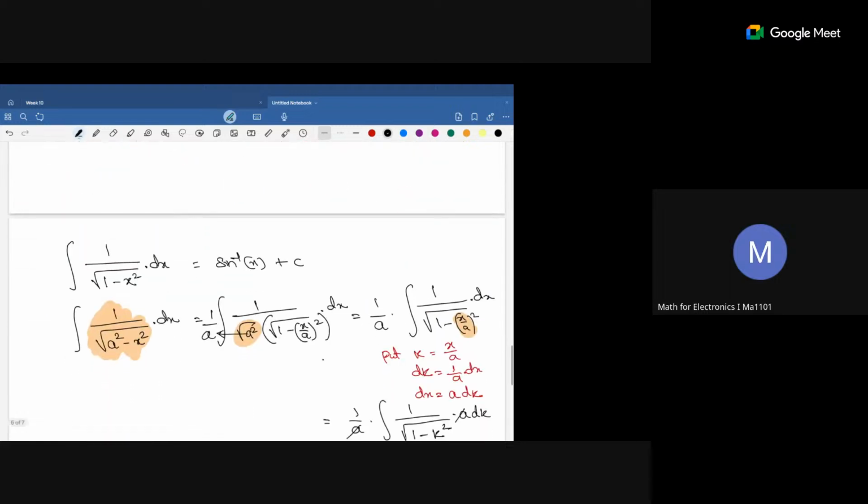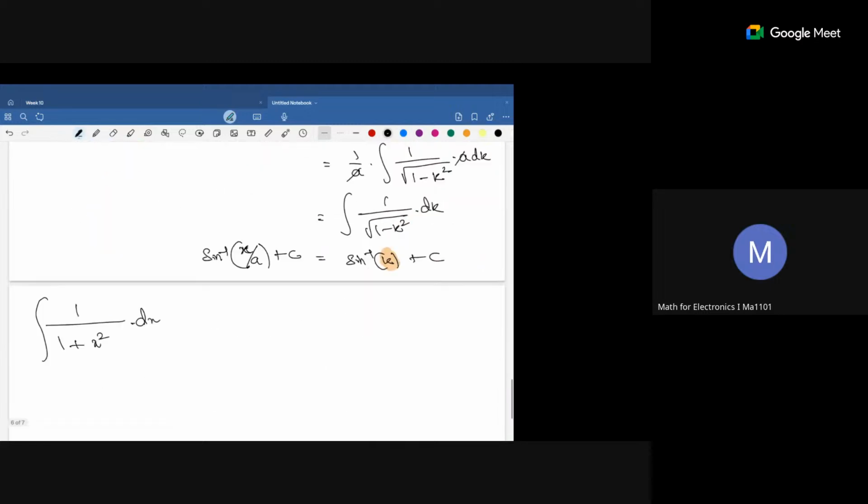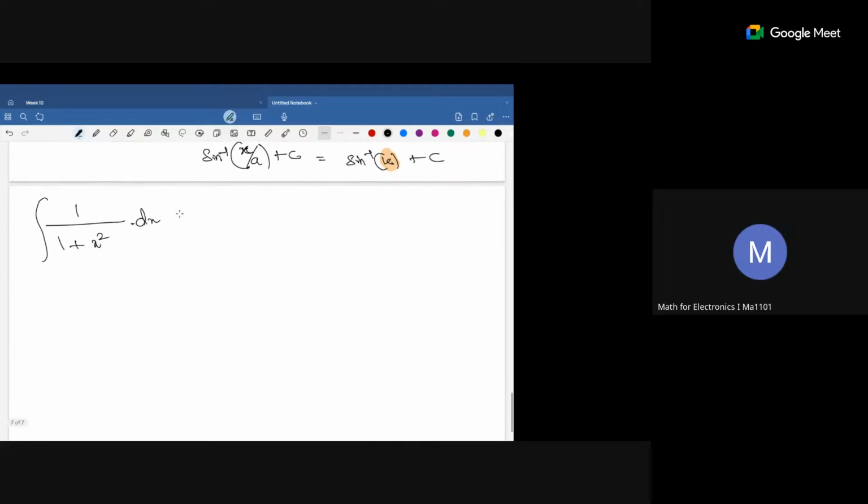So if I integrate 1 by 1 plus x square, I should get back tan inverse of x plus some integration constant. And if I have a square instead of 1, then instead of x, we will have x by a. That's it.